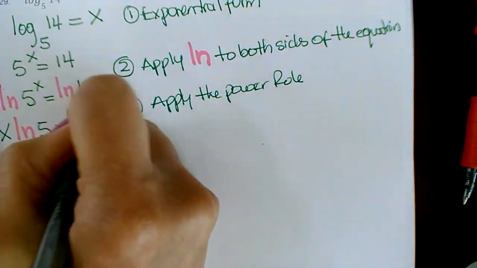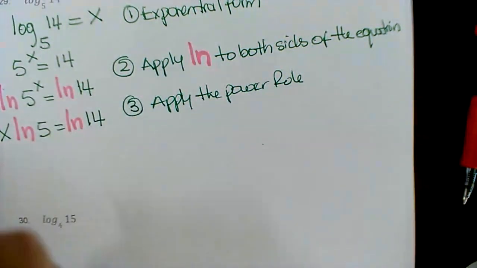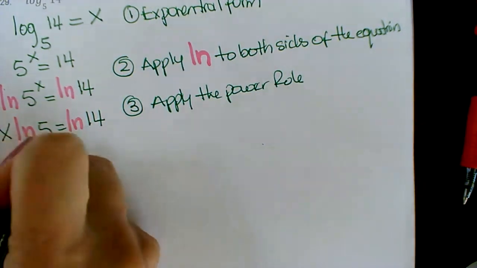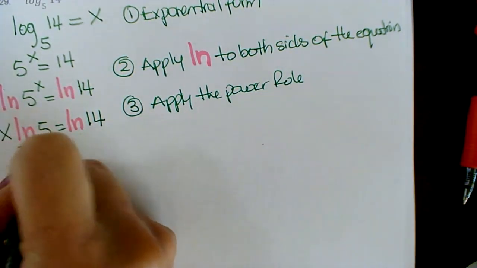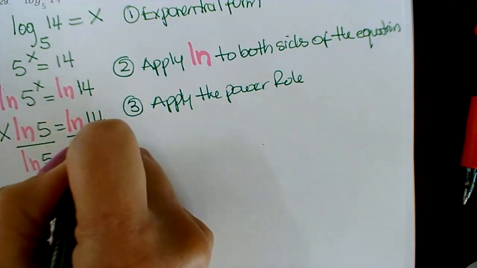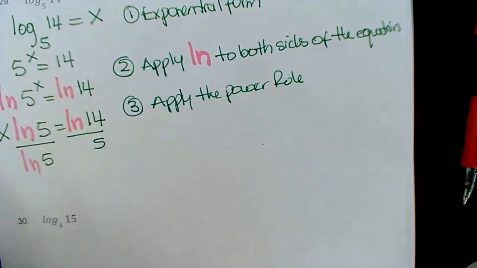Remember we need to solve for x. So now what do I do? Divide by ln of 5 on both sides.